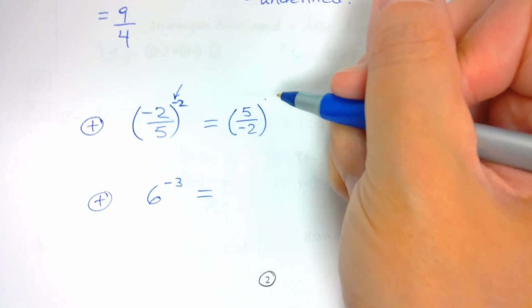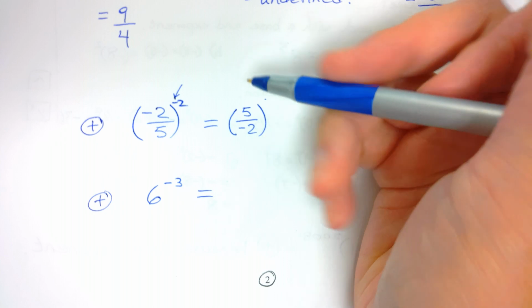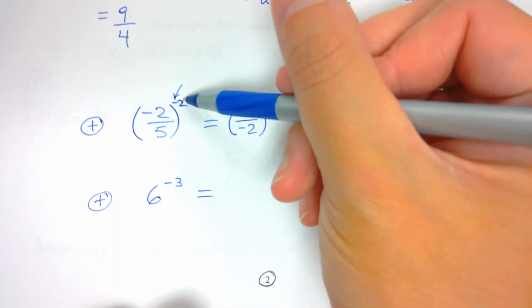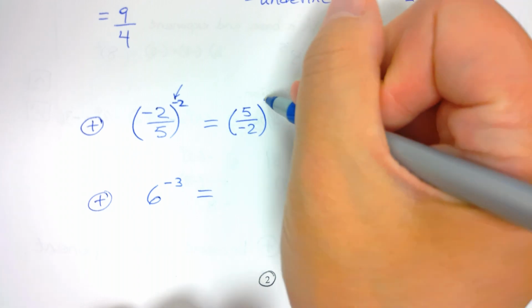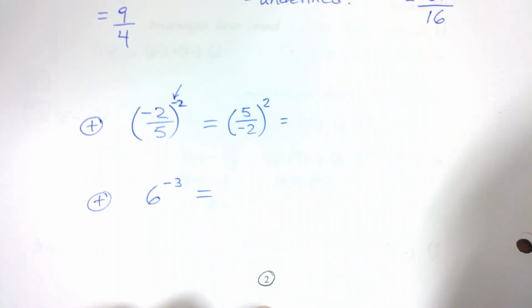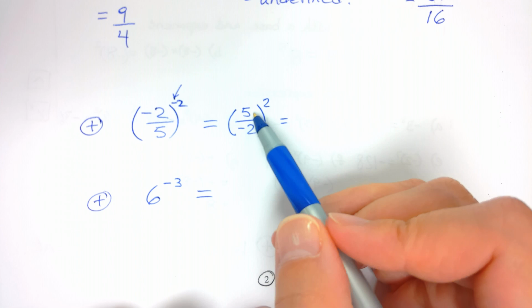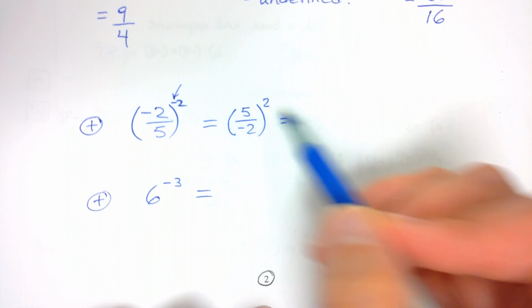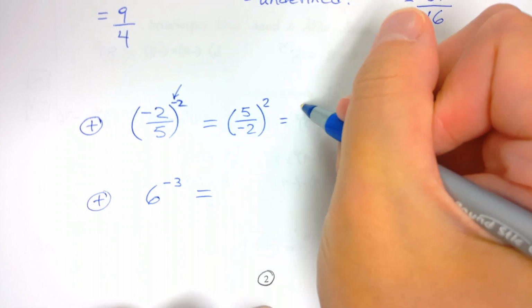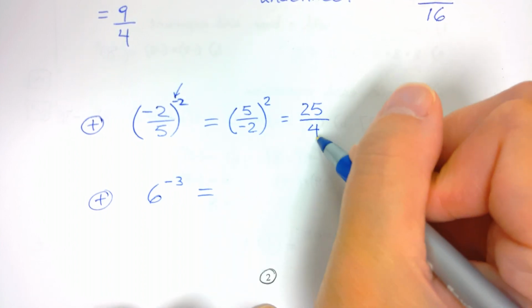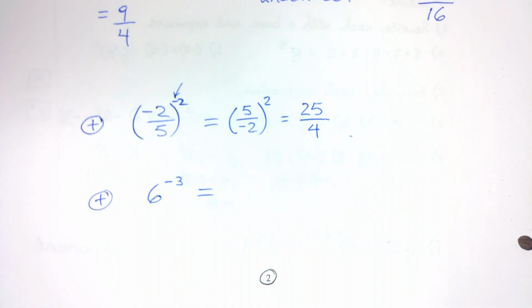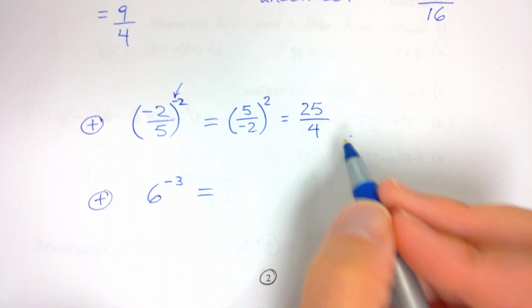After I flip the base? Originally it was -2, so after I flip it, just 2. Okay. And then, Onion, 5 squared is? 25. And -2 squared? 4. And that's it. How many of you got 25/4 as your answer? Alright, awesome. And positive 25/4.